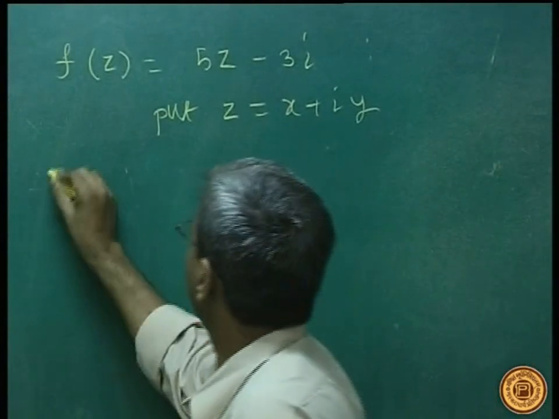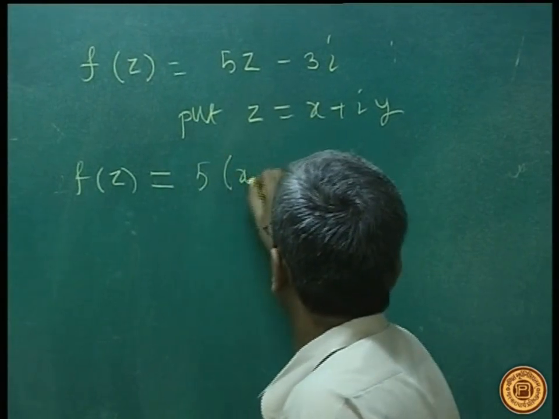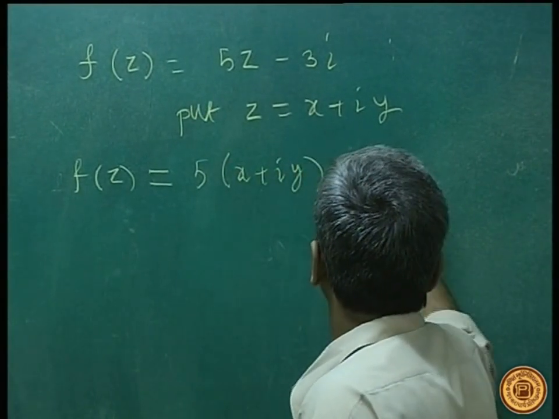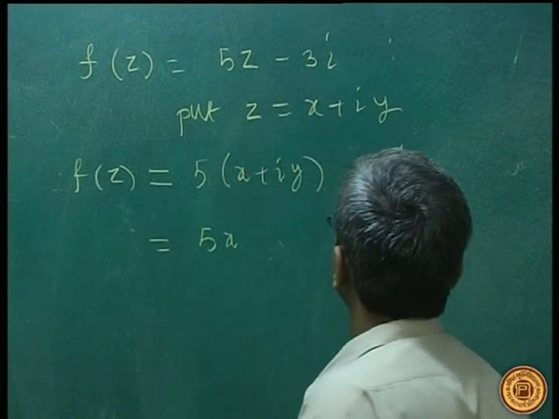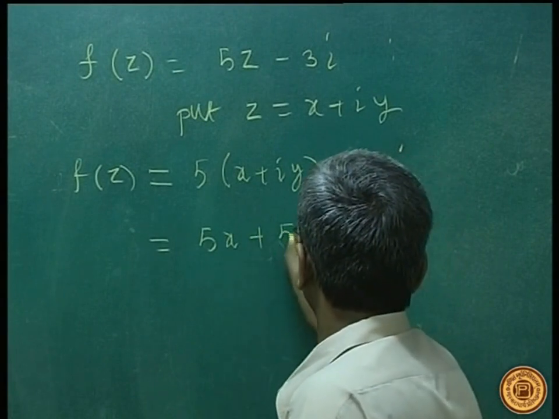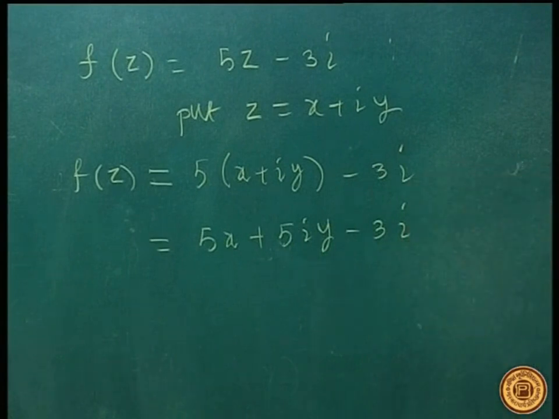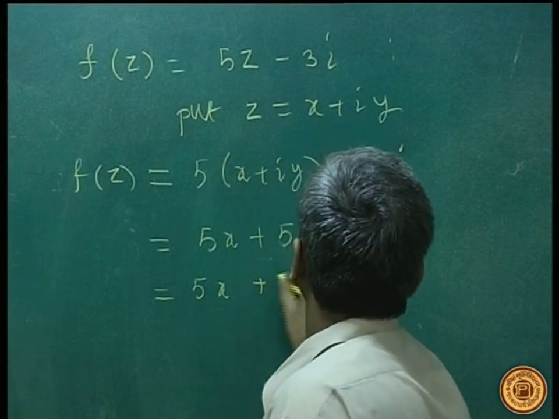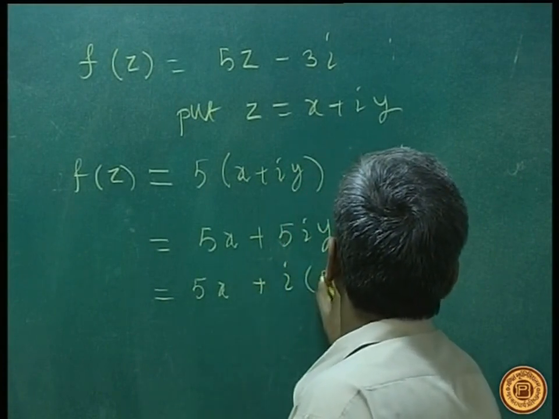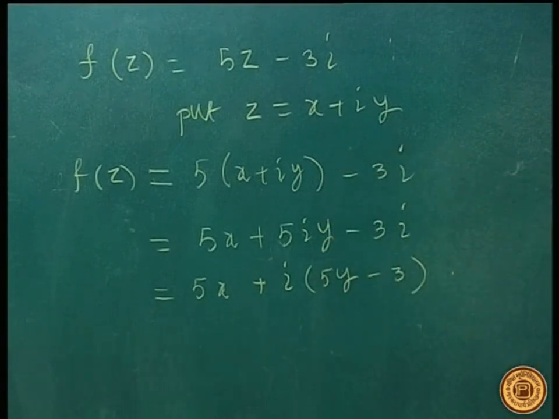So the function is given, then you put z equal to x plus iy. So what do you get then? f(z) equal to 5 times (x plus iy) minus 3i. So that is 5x plus 5iy minus 3i, which is equal to 5x plus i times (5y minus 3). Is this clear?